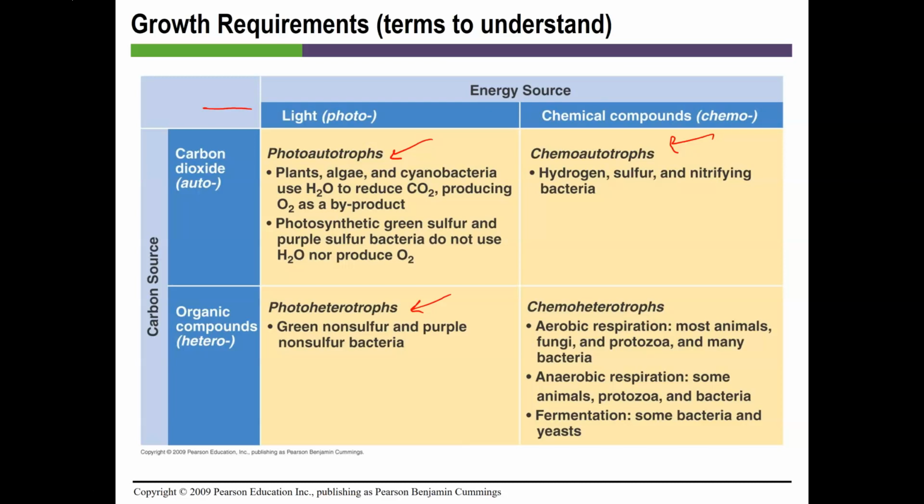Lastly, we can describe organisms that are similar to ourselves, organisms that use chemical compounds like glucose for the energy source and also use organic compounds for their carbon source. These are chemoheterotrophs. We belong to that group, as do other animals. These four terms describe the four major groups of microorganisms in relationship to the growth requirements for energy and carbon.